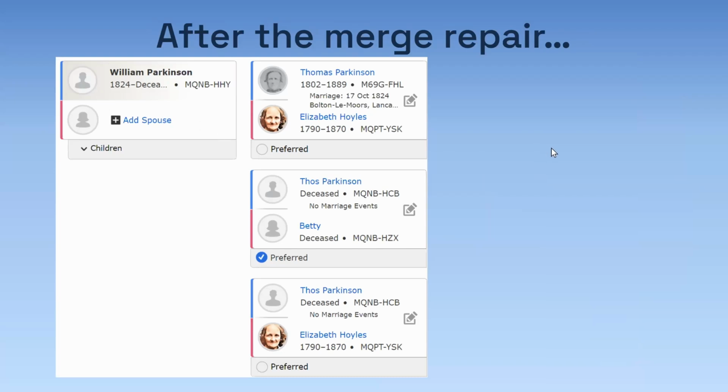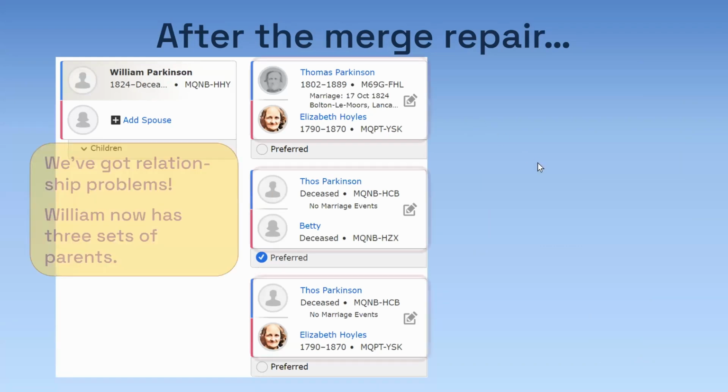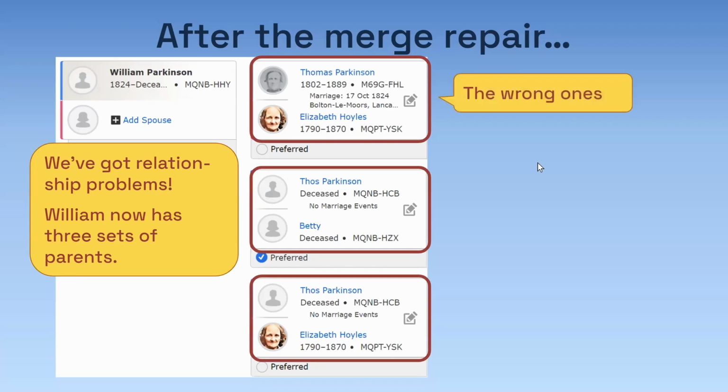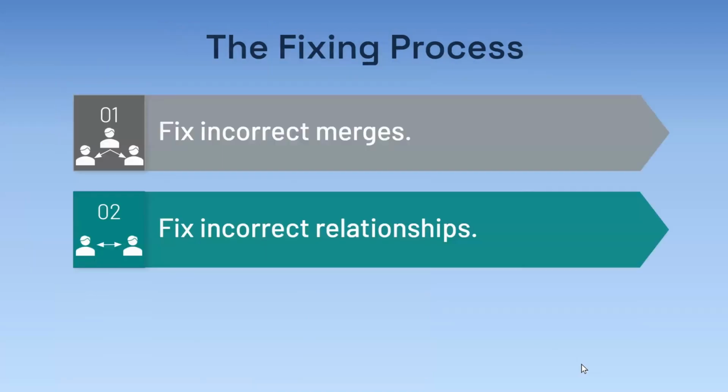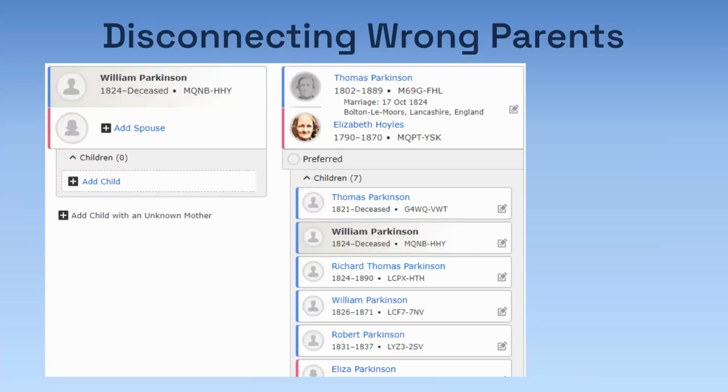And instead of being joined to just the wrong parents, he now has three sets of parents. He has the wrong ones, he has the right ones, and he has a weird case with the right dad and the wrong mom. So we need to fix all of those issues. So we're on to step 2.